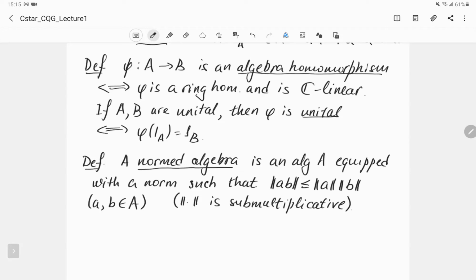If A is unital, we also require that the norm of the identity element equals 1, and of course, if A is non-zero.